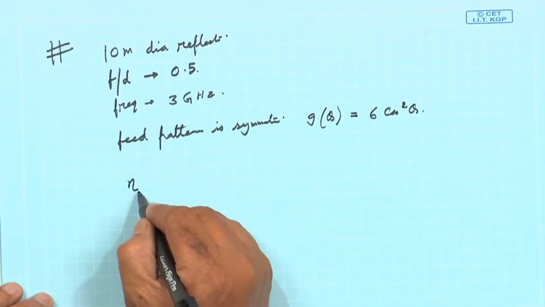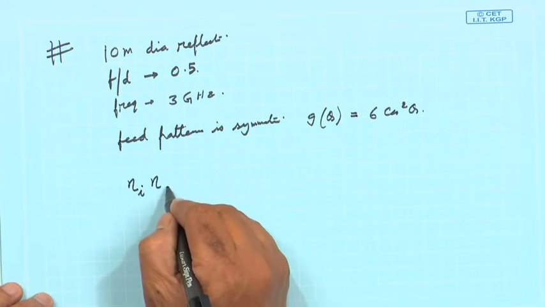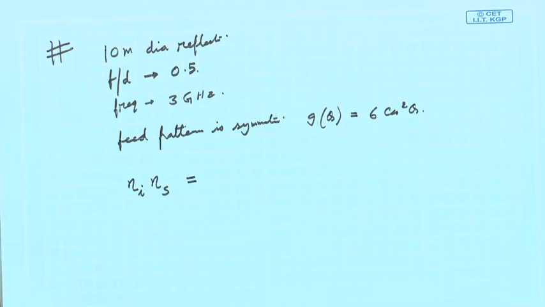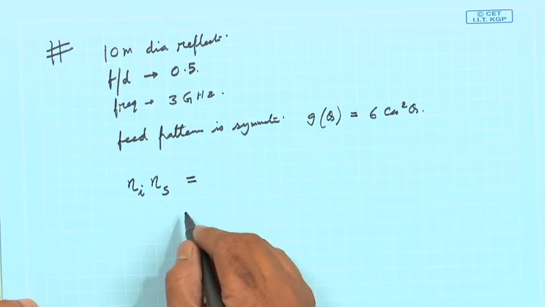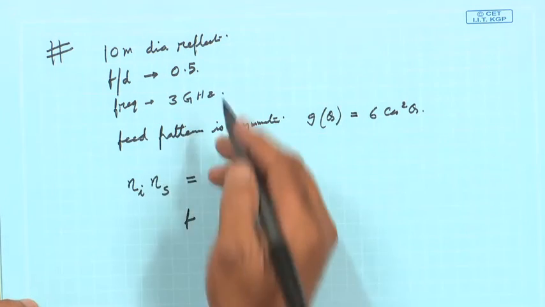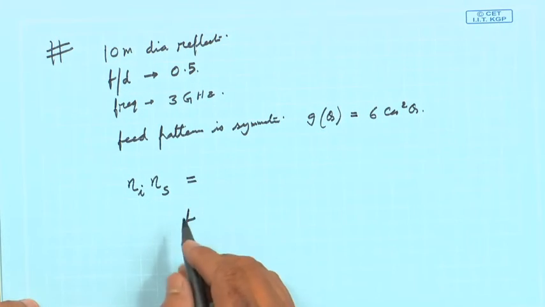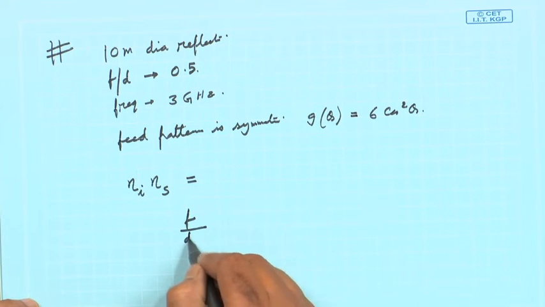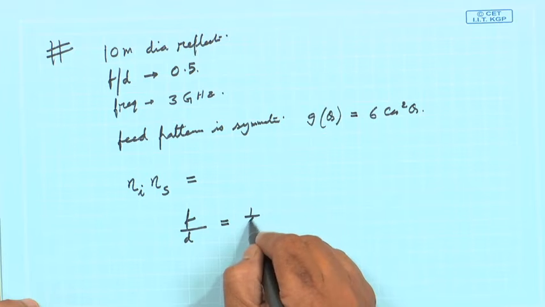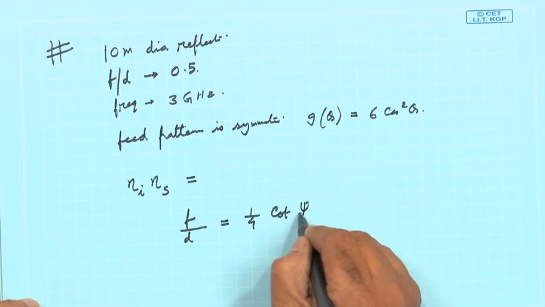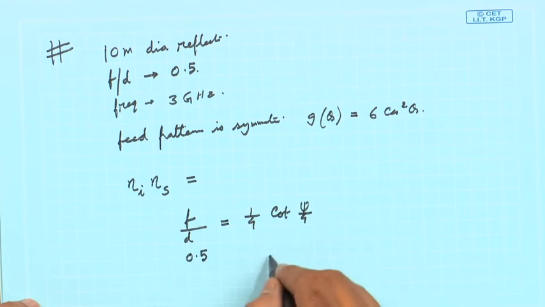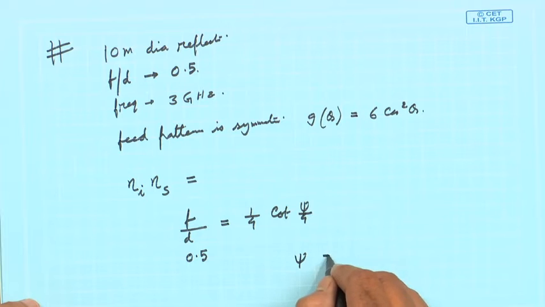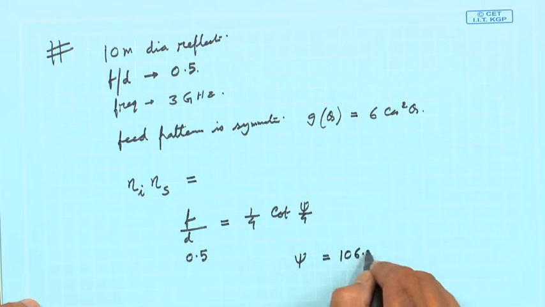That means, let us say other efficiencies we have. So, basically we will have to find eta. The first thing is that the f by d ratio is given, and that gives us the angular aperture, because we know f by d is nothing but 1/4 cot(psi/4), and this is specified as 0.5. So, from there I can find that the psi value will be 106.26 degrees.